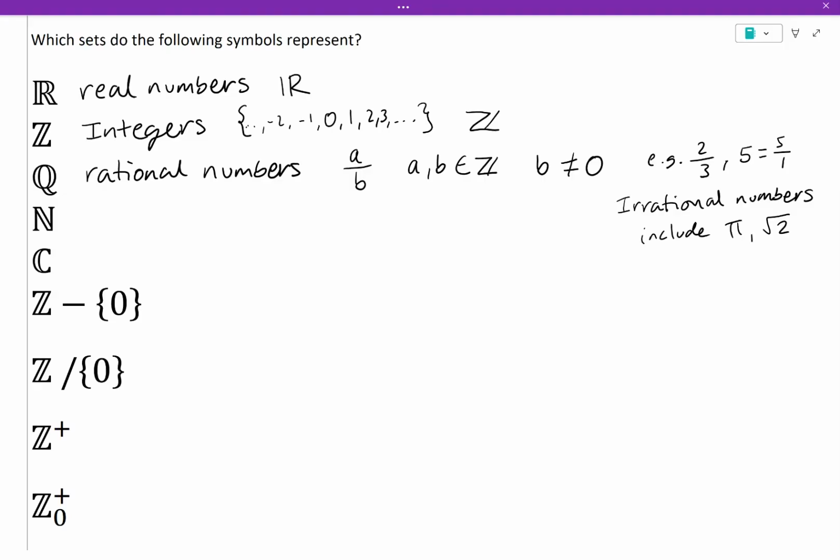An irrational number as a decimal will go on forever, but in no specific pattern, so they're non-recurring and non-terminating decimals, whereas rational numbers would include the recurring decimals and the terminating ones. I did forget to show how you'd actually write the symbol for the rational numbers: you would write a Q and then put a line through it like that.